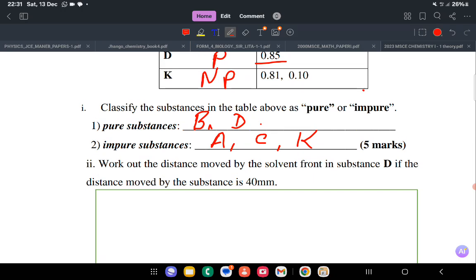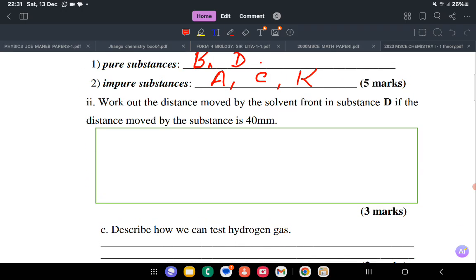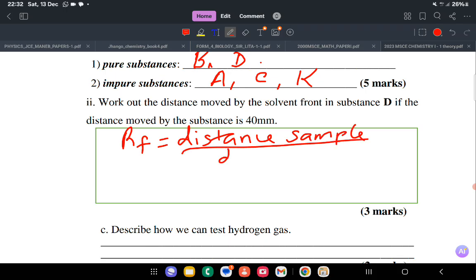Remember that relative flow value, written as RF, is the distance moved by the sample divided by the distance moved by the solvent.